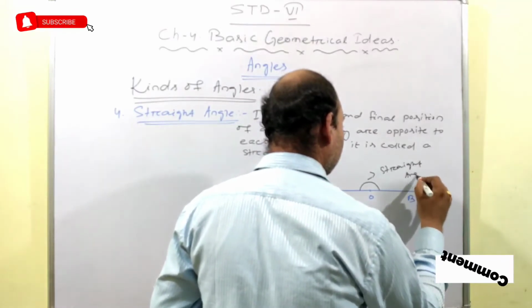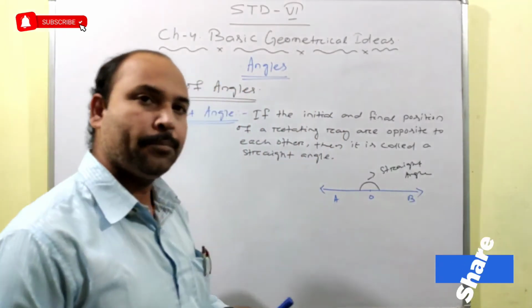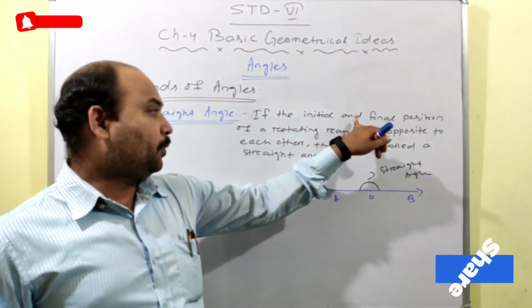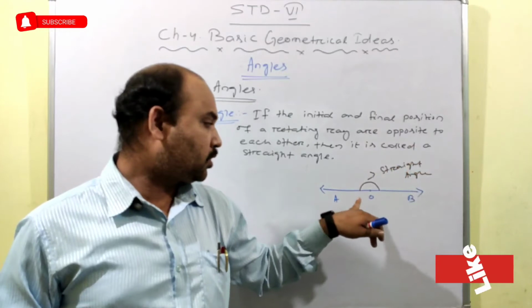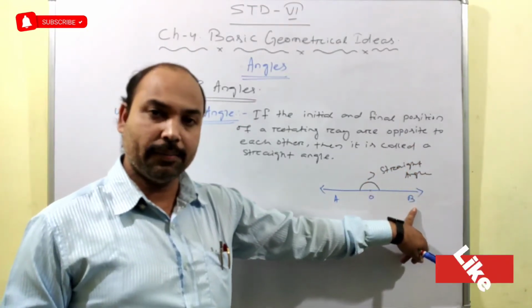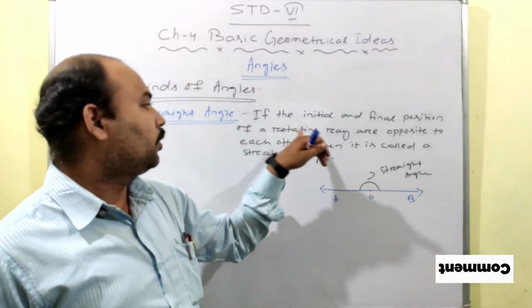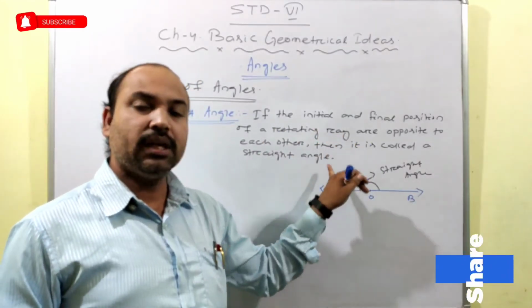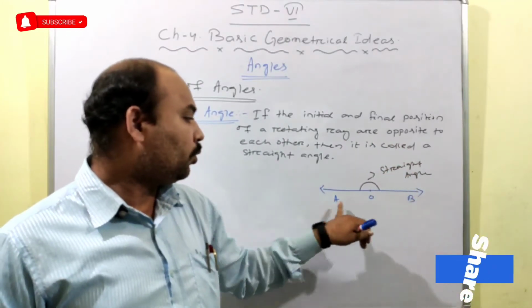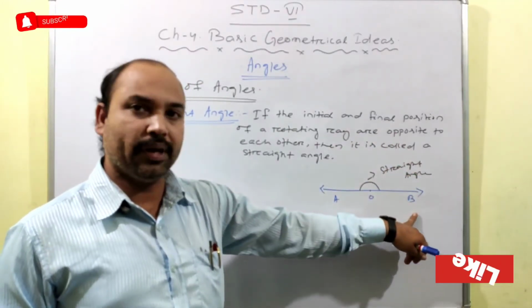Straight angle. Okay. So what did you get here? The initial and final position. Suppose the initial position is OA and the final position is OB. Then rotating ray. Rotating means it is a revolution. One revolution is done. So OA is moved to OB.